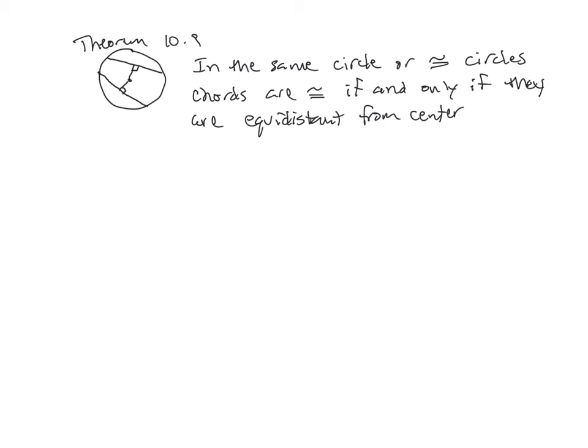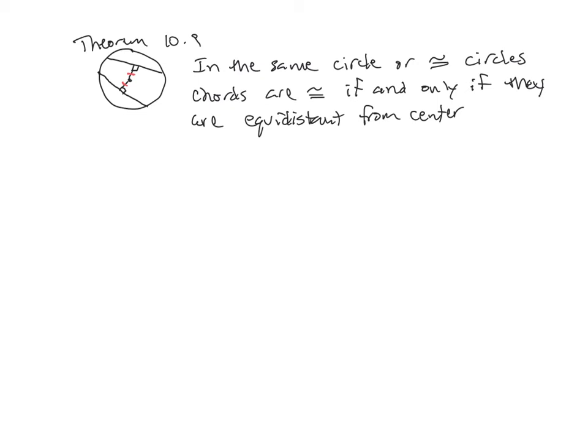So what it's saying is, if these little segments in the middle are congruent, then the whole chord is congruent. If the whole chord is congruent, then they're the same distance from the center. So if you start with this picture, those little pieces, and they're the right angles there because that distance is always perpendicular.